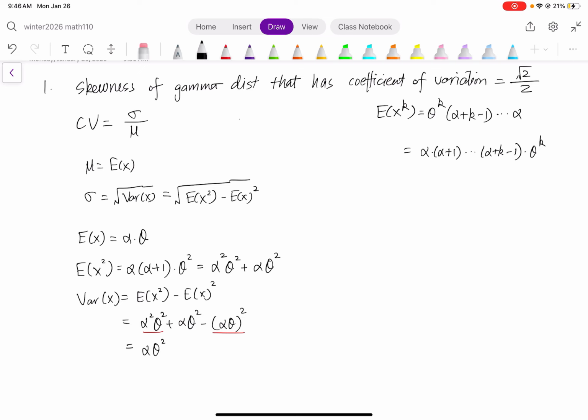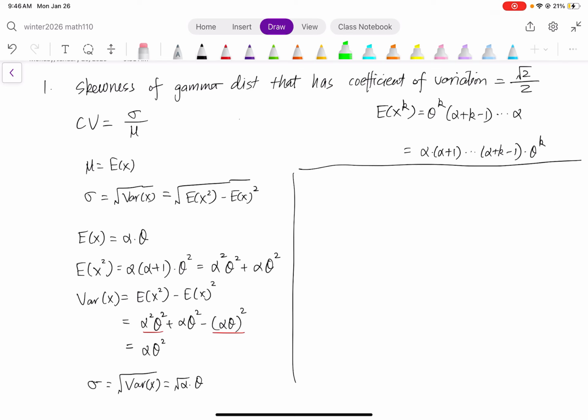And the standard deviation, which is the square root of variance, you end up with the square root of alpha times theta. This is actually a formula. Let's continue with the work.